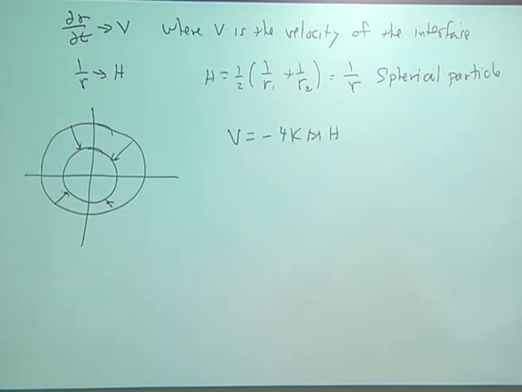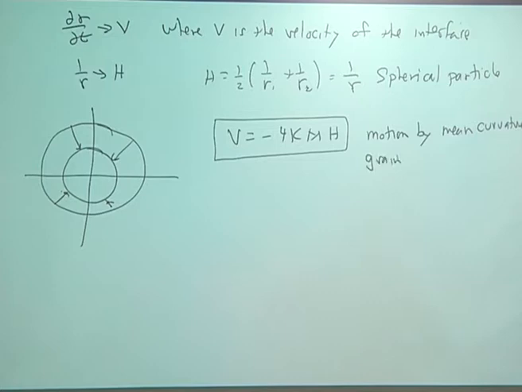And this is called motion by mean curvature, which is basically grain growth in isotropic systems.